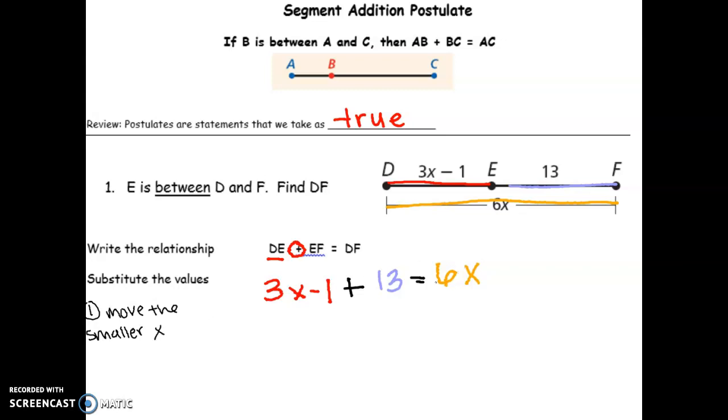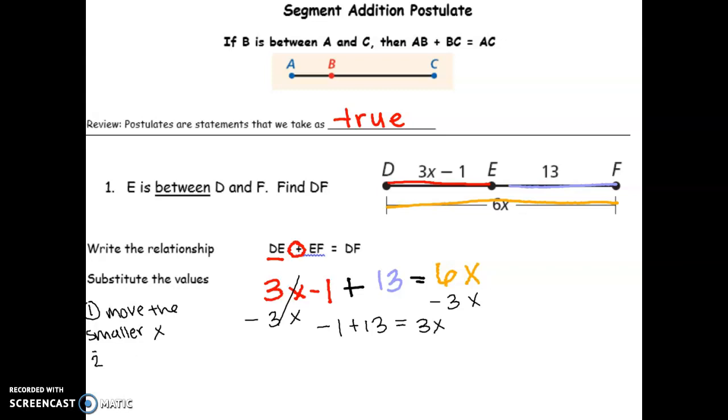So here I have 6x, I have 3x. Of course, 3 is smaller. So what I'm going to do there is subtract 3x from both sides. I have to move this over here by doing the opposite of what I see. So I am left with negative 1 plus 13 is equal to 6x minus 3x, that is just 3x.